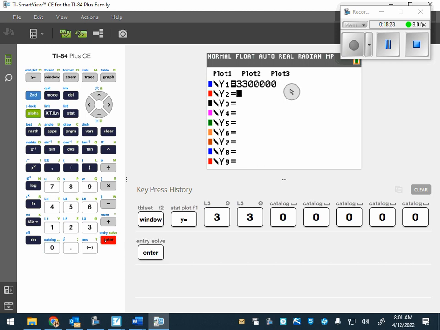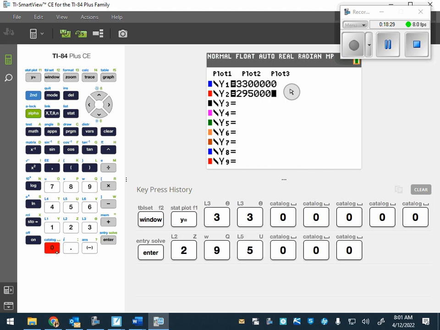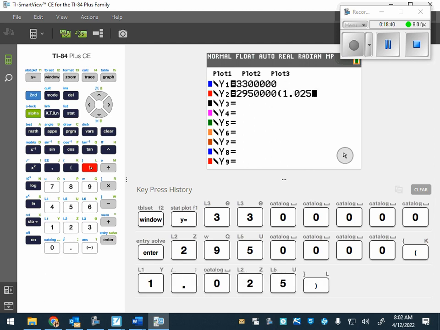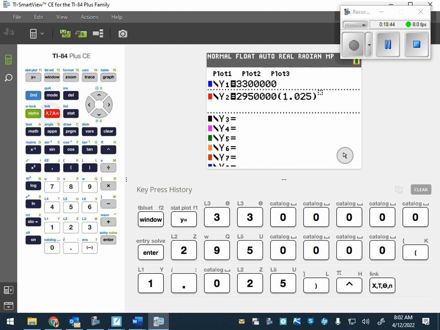Y2 is the right-hand side, which was... okay. And we're using the X, which is below the mode key. Okay. So this has to be done Y1, Y2 first.